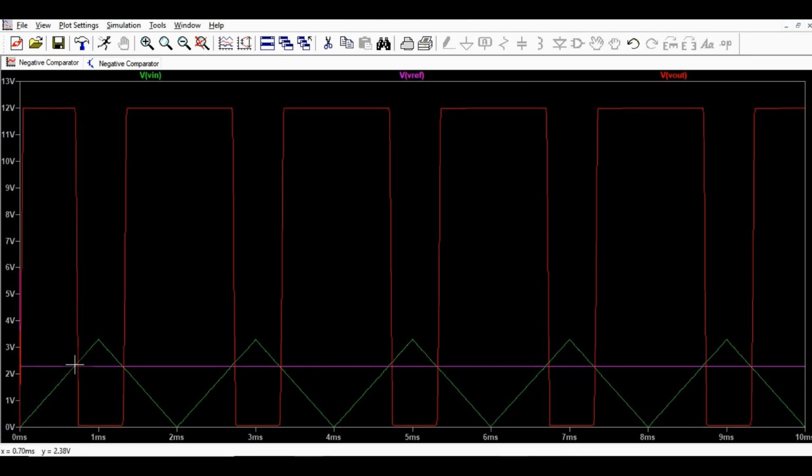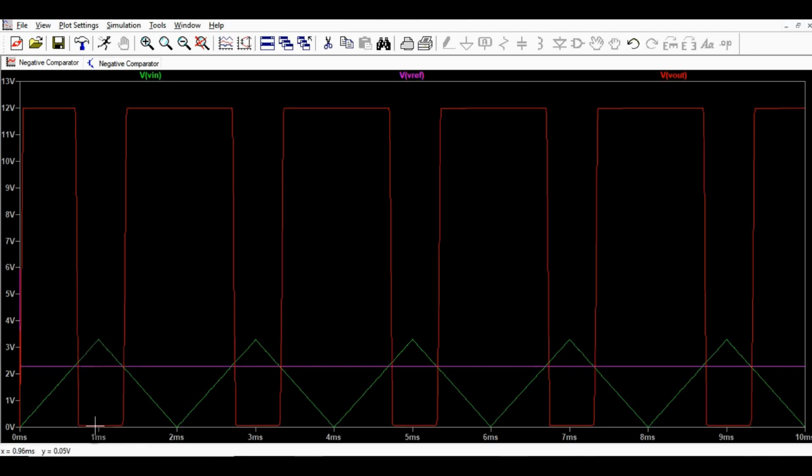For the time period from here to here, your input signal is greater than your reference signal. At that point of time, your output is 0, right?